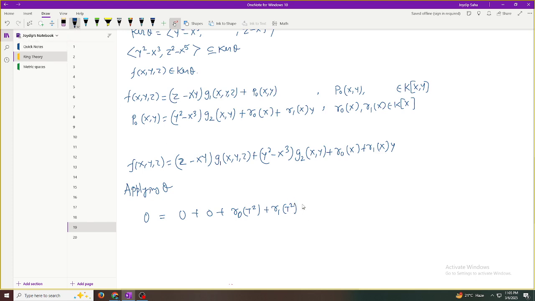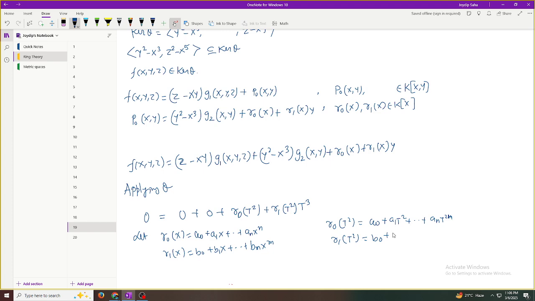Let r0(x) equal a0 plus a1 x plus up to an x to the power n. r1(x) equals b0 plus b1 x plus up to bm x to the power m. Then r0 t square is a0 plus a1 t square plus up to an t to the power twice n, and r1 t square is b0 plus b1 t square plus up to bm t to the power twice m.